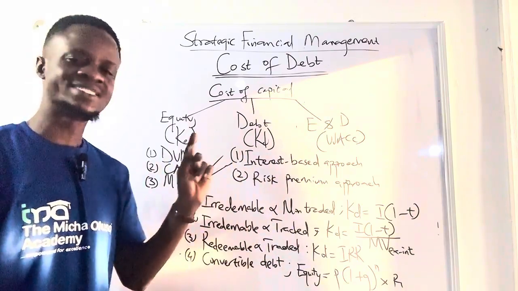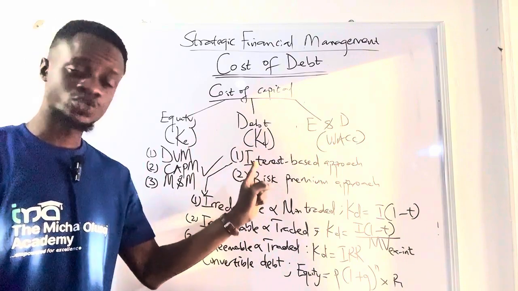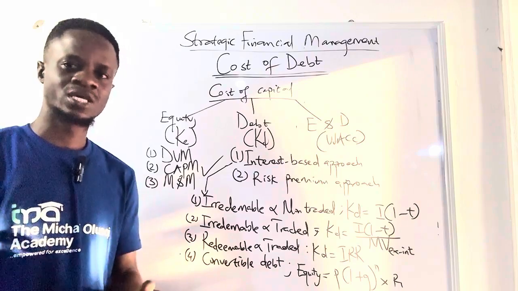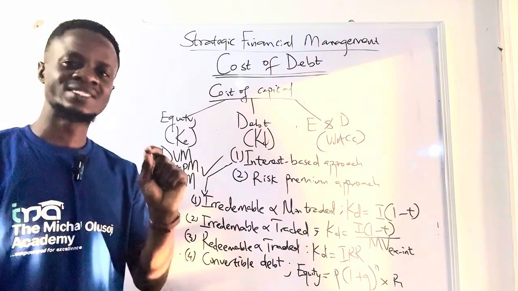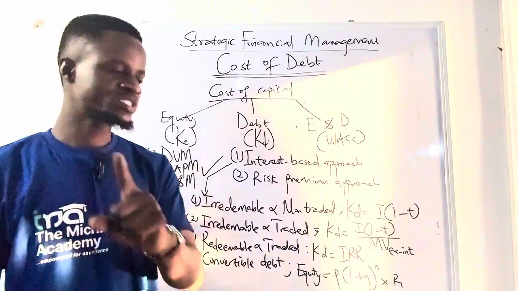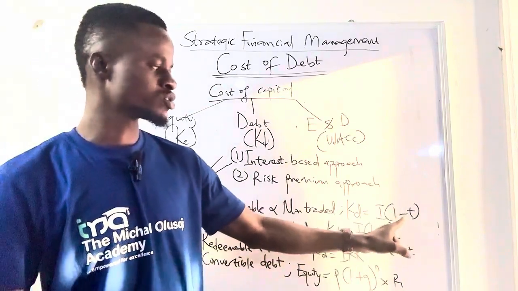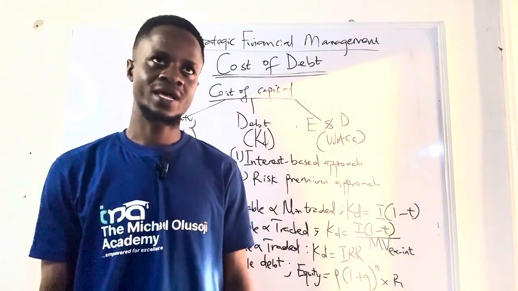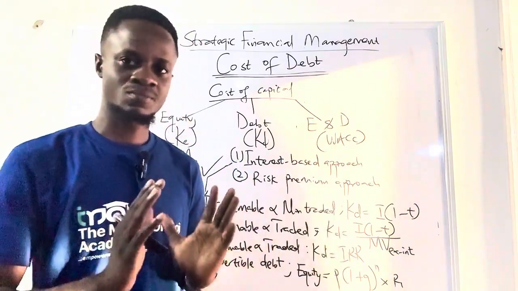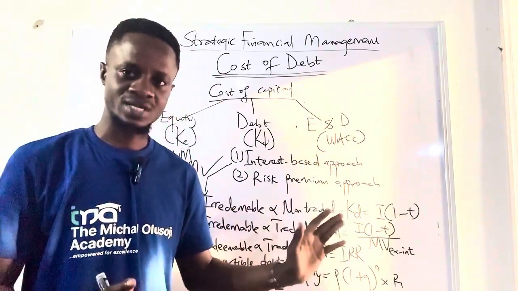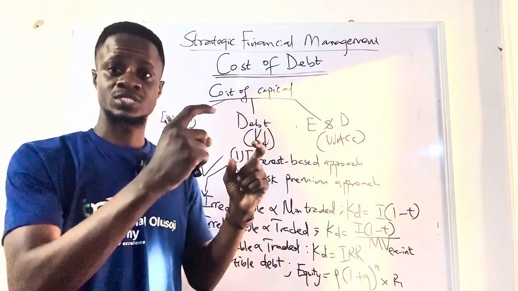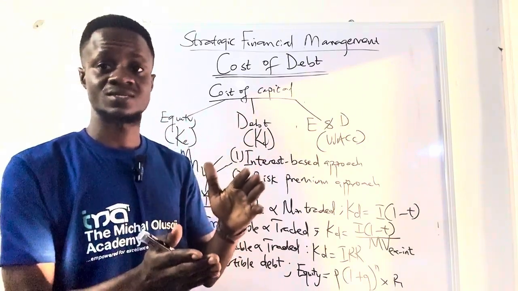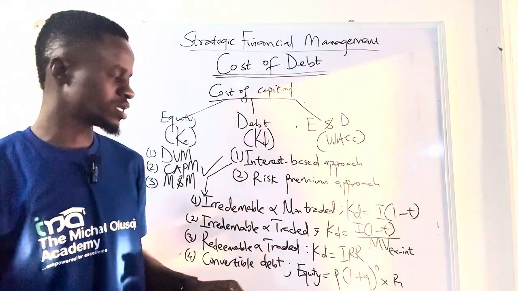Here as well, using the interest-based approach, you determine the cost of debt by considering the amount of interest paid. So how much is the interest paid? You have it here post-tax, because interest is a tax-deductible item. That is, when you have a profit, you still remove interest before it is taxed. But don't worry, I'll go there later.